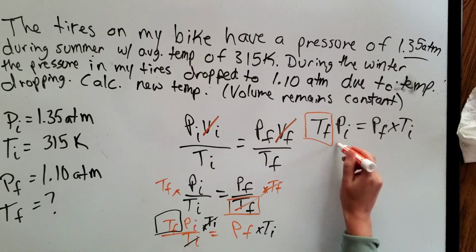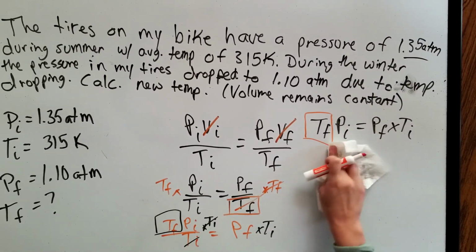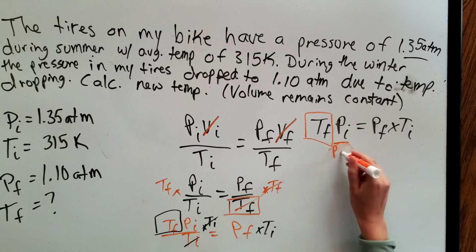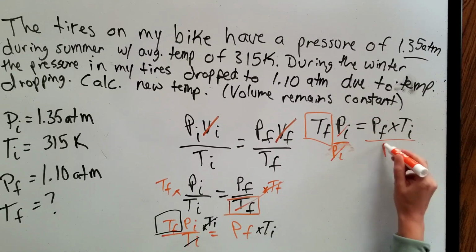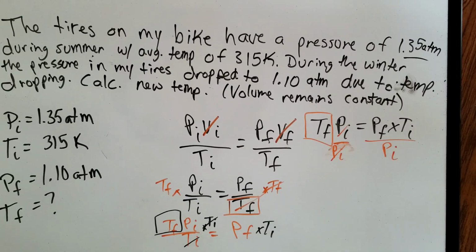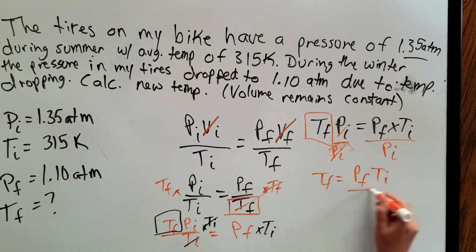One last step to get that TF by itself. I need to get rid of PI. It's in the numerator, so I'm going to divide by PI. Let me make this a little bit more clear. PI over PI cancels out. Whatever I do to one side, I have to do to the other. So I'm going to divide the other side of the equation by PI. That will give me TF by itself, and this is what my rearranged equation will look like.